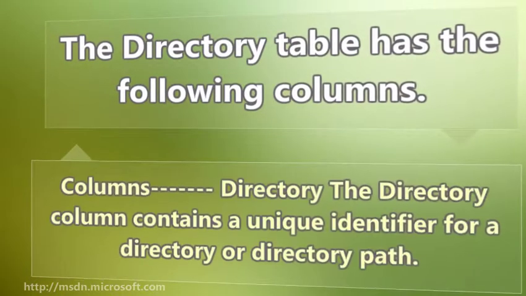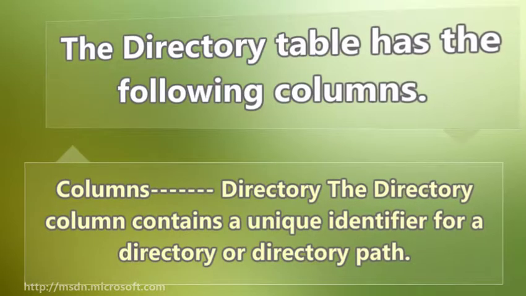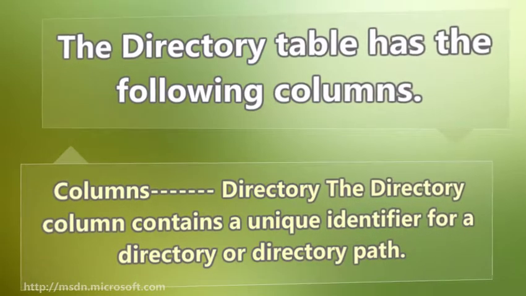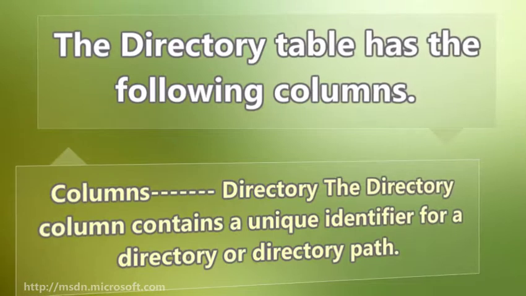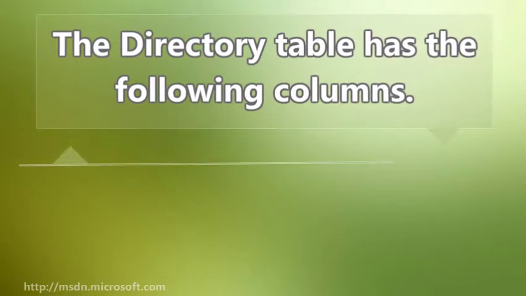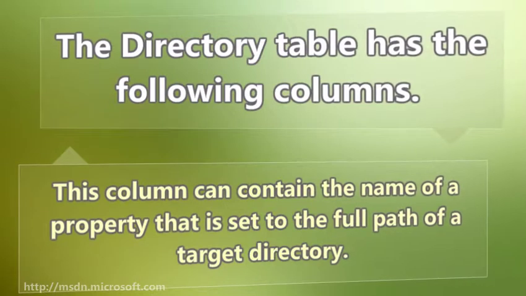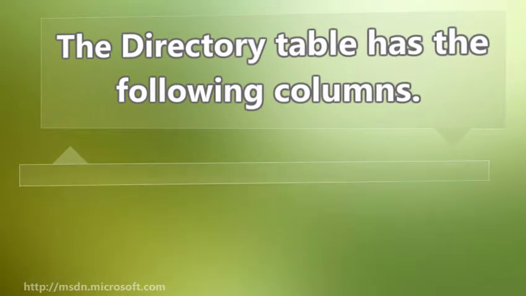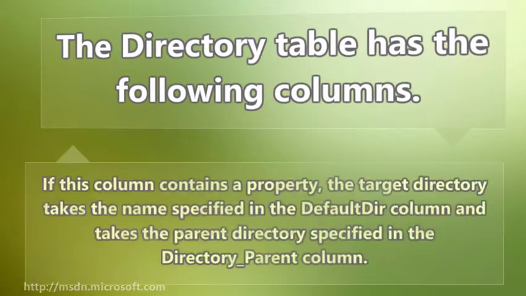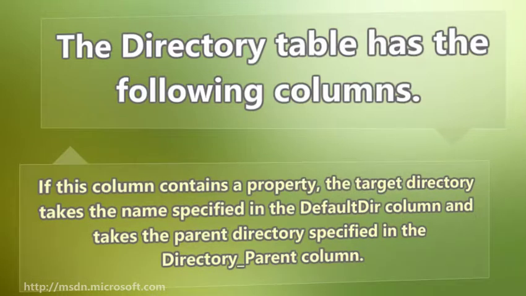Columns. Directory. The directory column contains a unique identifier for a directory or directory path. This column can contain the name of a property that is set to the full path of a target directory. If this column contains a property, the target directory takes the name specified in the default column and takes the parent directory specified in the directory parent column.